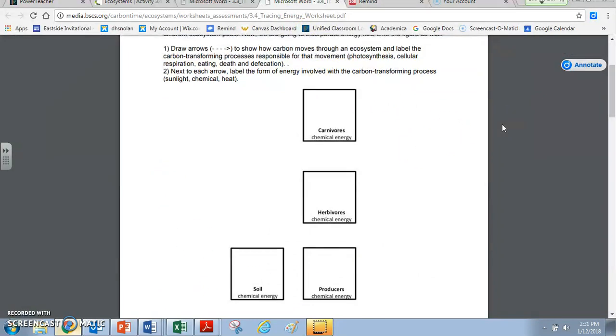It's a little bit more technical looking rather than pretty pictures. And what we're going to use this diagram for is to show how energy moves through an ecosystem. So we're going to use arrows, but just again keep in mind that today we are talking about energy. So that's what we're going to talk about.